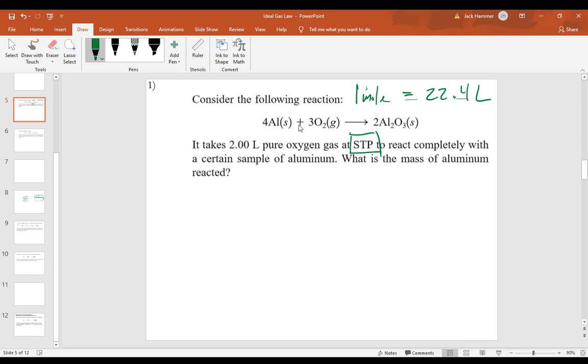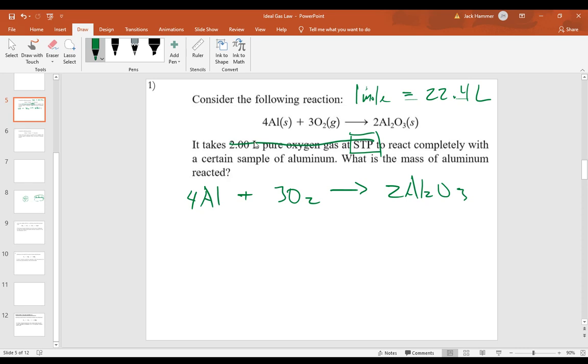Before we do this, I just want to really go back to basics and take a look at this problem. Let me just redraw this. So 4Al plus 3O2 yields 2Al2O3.